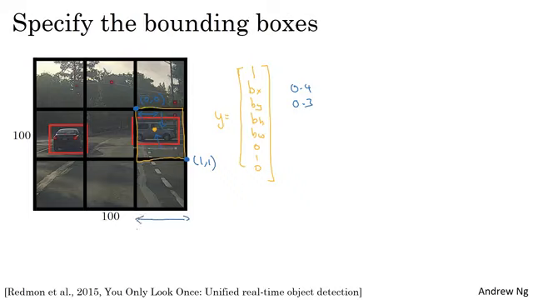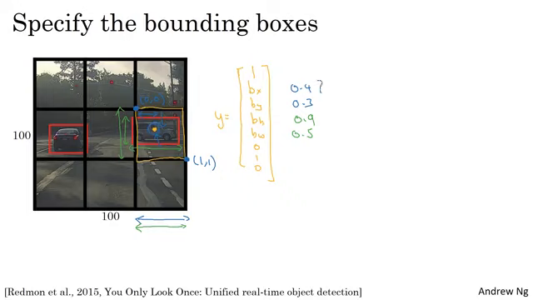So the width of this red box is maybe 90% of that blue line, and so bw is 0.9, and the height is maybe 1/2 of the overall height of the grid cell, so bh would be 0.5. In other words, bx, by, bh, bw are specified relative to the grid cell.